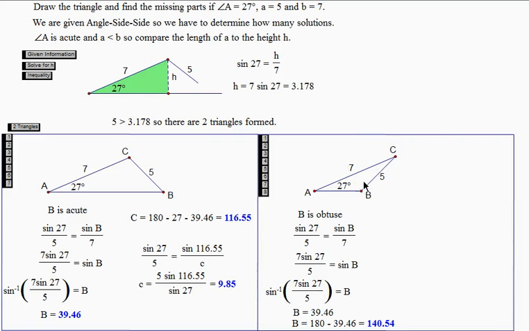Sine of 27 over 5 equals the sine of the 12.46 over side C. And then solving that for C, you can cross multiply and then solve, will give us 2.37. So we were able to find both solutions of that triangle.